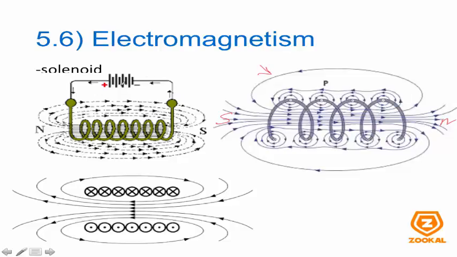Okay, so this diagram shows you that there's a battery connected to the solenoid. So assuming you are not given your poles and the magnetic field lines, how do you determine which side is the north and the south? So what you do is you use the right hand grip rule. Again, your thumb will represent the north pole.